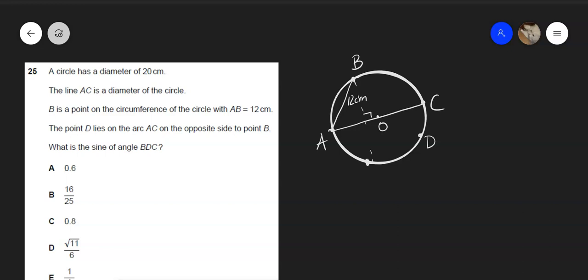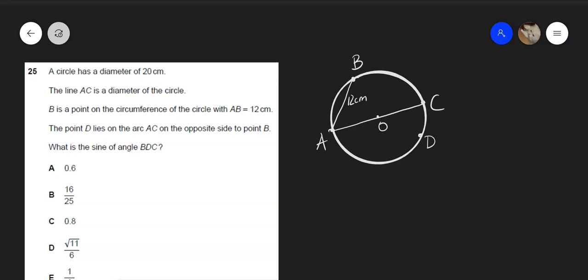It is not specified that BD is perpendicular to AC, and the phrase "on the opposite side" doesn't mean that the point D is the reflection of the point B in the line AC. Okay, so I'm just going to remove this wrong sketch and wrong location of the point D. Potentially it could be there, but it's not specified it's there. So in my opinion, it would be incorrect to represent the problem in that way.